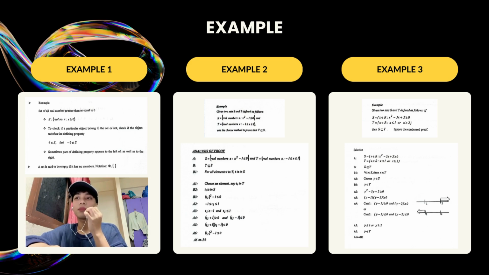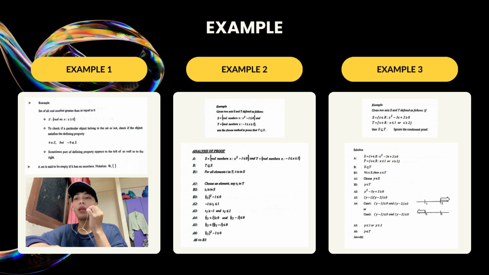B1, for all x an element of S, x is an element of T. A1, choose y an element of S. B2, y is an element of T. A2, y squared minus 3y plus 2 is greater than 0.